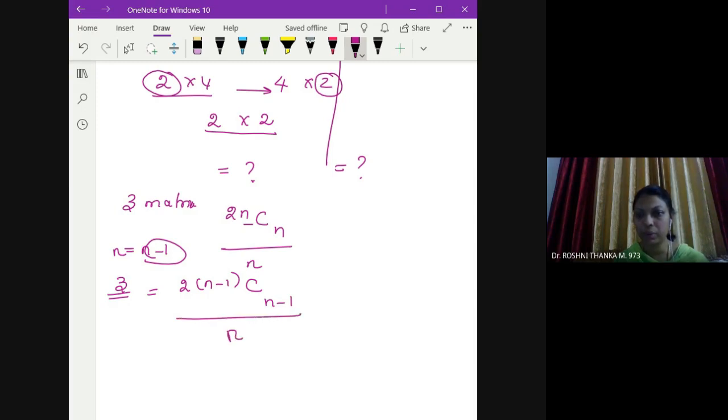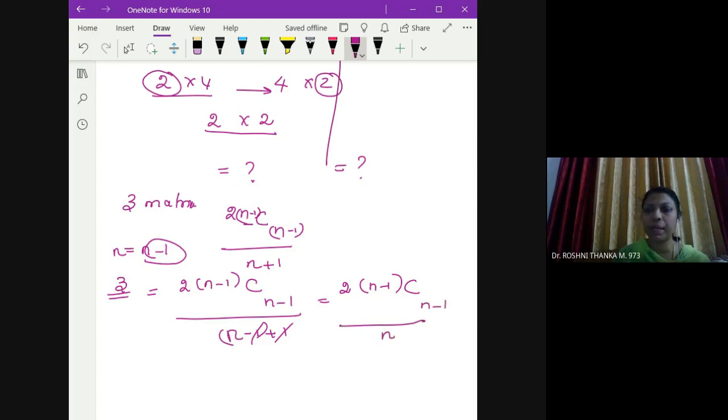Here we have n plus 1, and when we apply n minus 1, it becomes n minus 1 plus 1, so this plus and this minus will be subtracted. So the formula will be 2 into n minus 1 combination of n minus 1, divided by n.